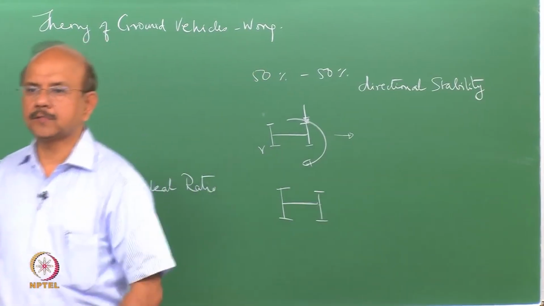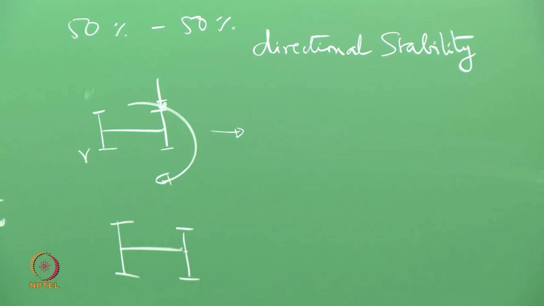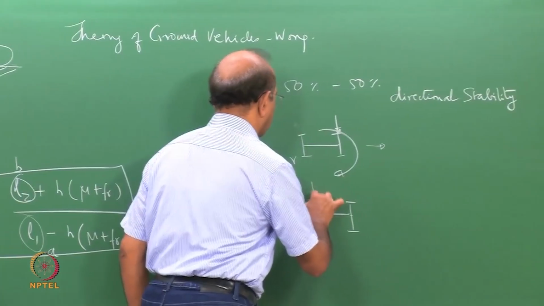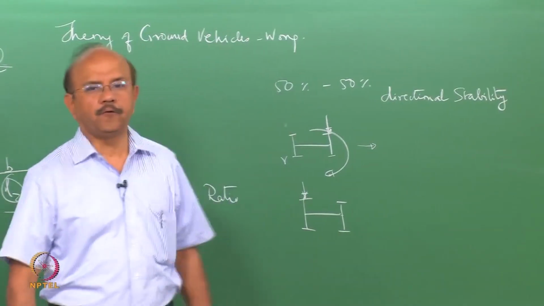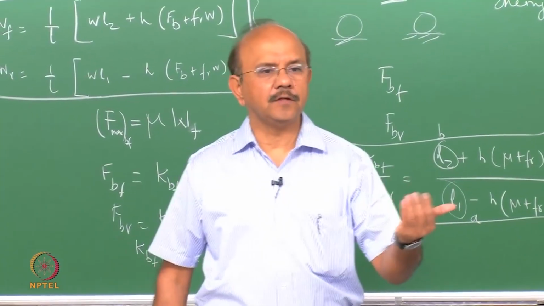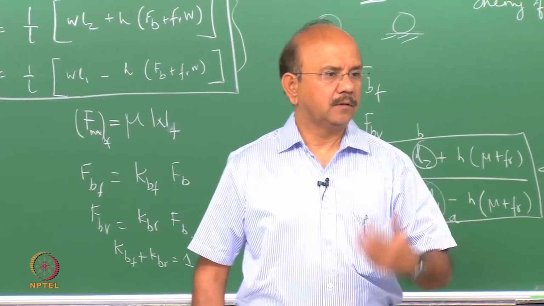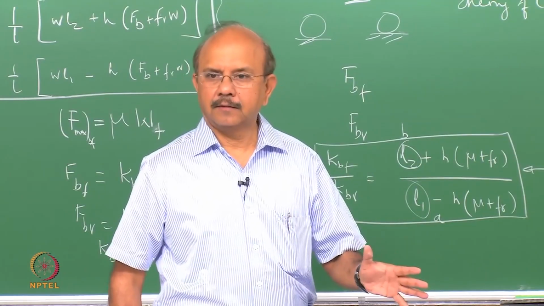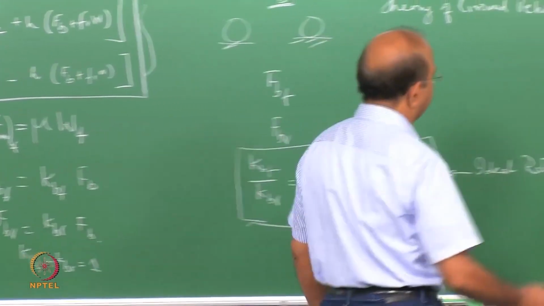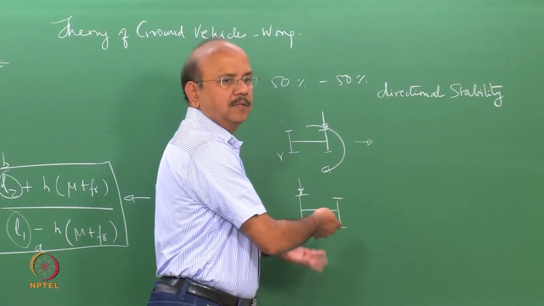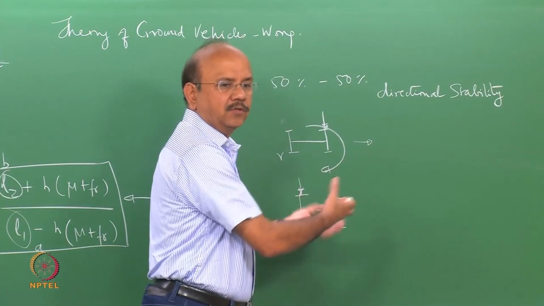When the front wheel locks, obviously it loses the ability to take further forces, and so all the force that is required to cater to the needs of the changing orientation of the vehicle, the lateral force, is at the rear. So, the vehicle would now lose directional control.